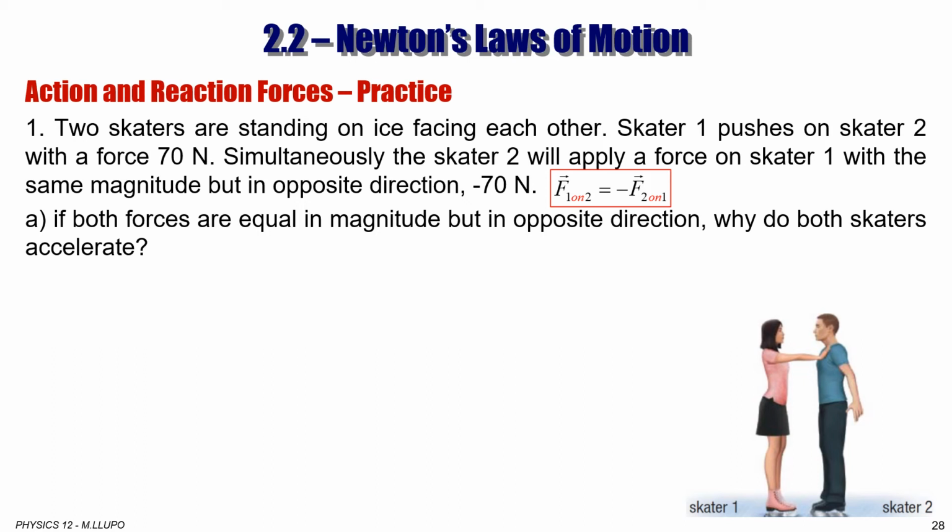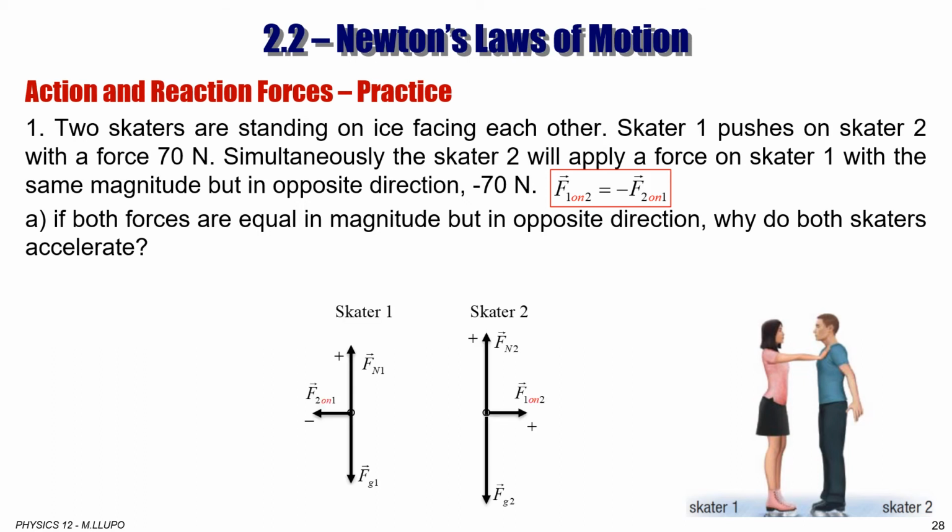In order to answer this question or any dynamics problem, you have to draw what is mandatory for dynamics or forces: a free body diagram. When you draw a free body diagram of each individual skater, on the x-axis we have an unbalanced force, so we have F net.